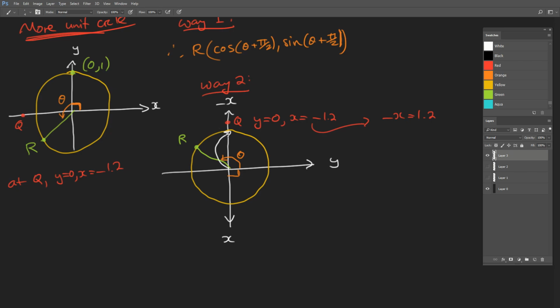So this is one step in the negative x direction, and that's that extra 0.2 of a step in the negative x direction. And if we think about it like this, with this minus x-axis, that's actually going to help us think about our problem and help us find the coordinates of r.